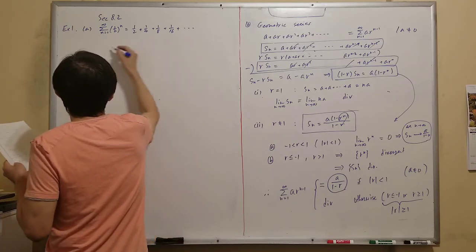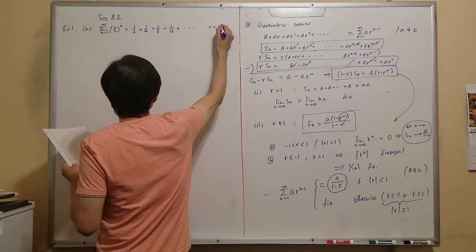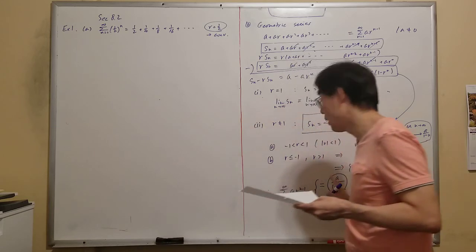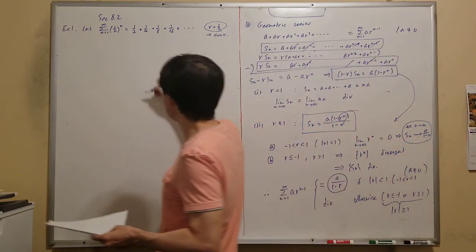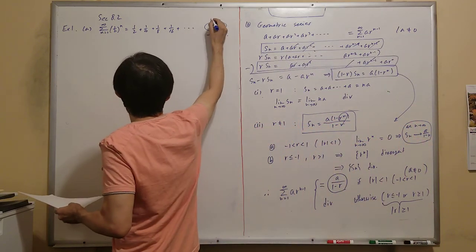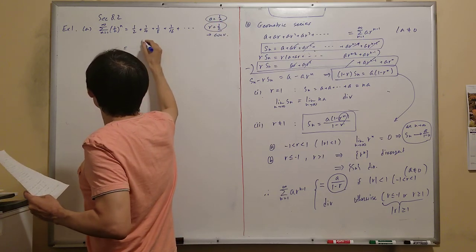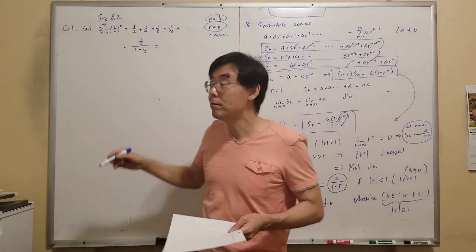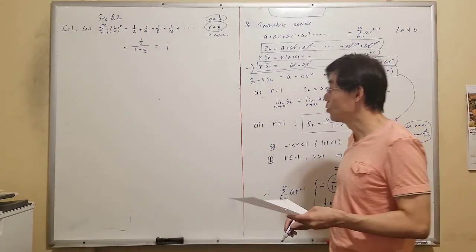Now, here your R equals 1 half, so it's convergent, between -1 and 1. What is the first term? The first term is 1 half also. So this must be A over 1 minus R, which is 1 half over 1 half. Yes, as we expected, it will converge to 1.